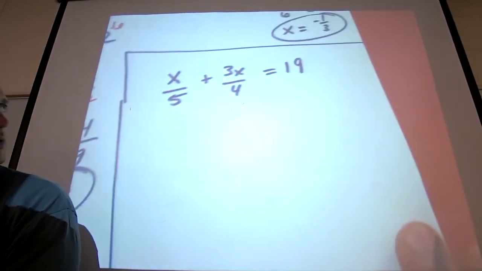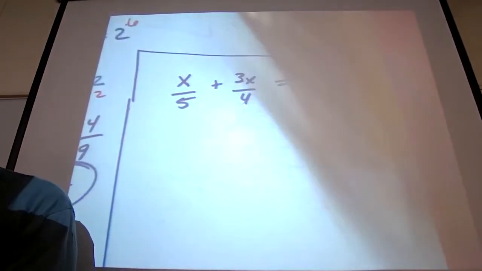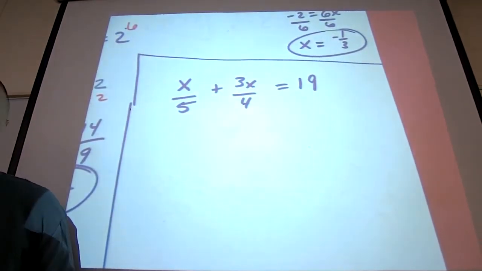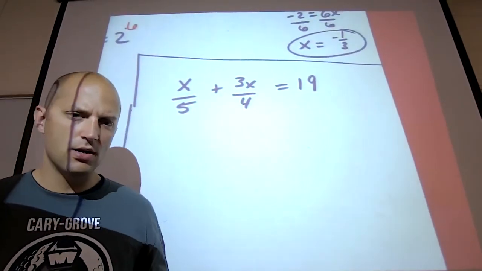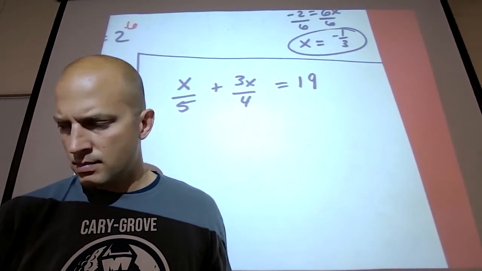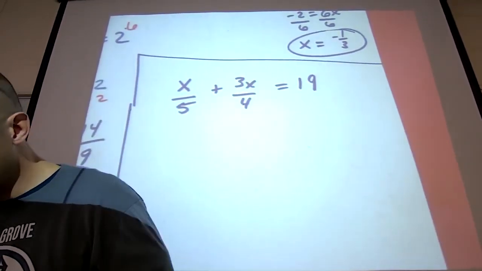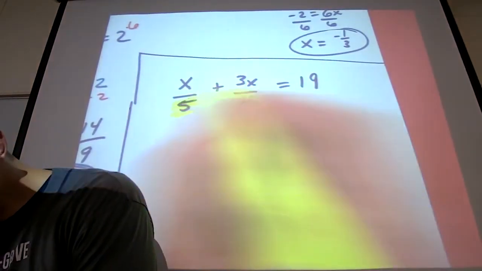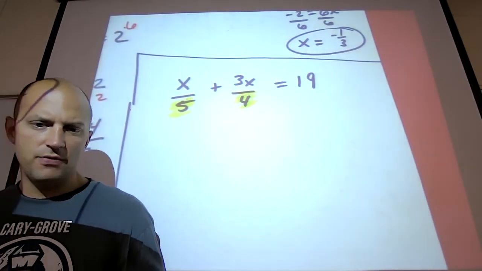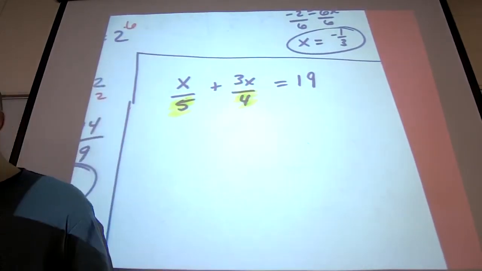Okay, so I've rewritten that one so it's nice and pretty big for you. So I'll give you guys a second, try this one out on your own. My hint to you is let's get rid of these fractions. Get rid of the 5 and the 4. What's the LCD?